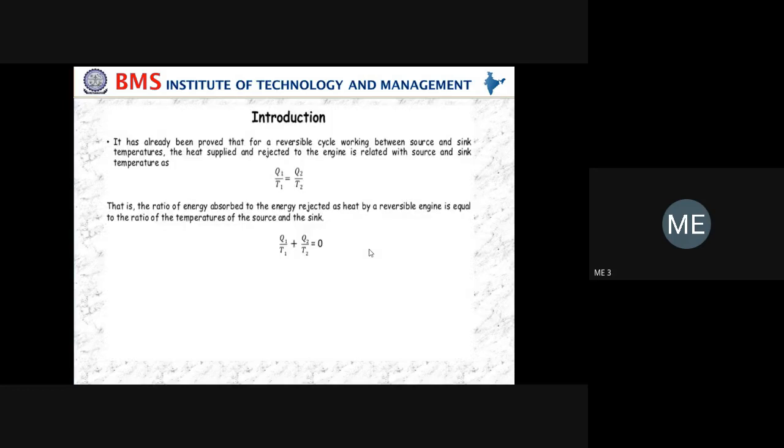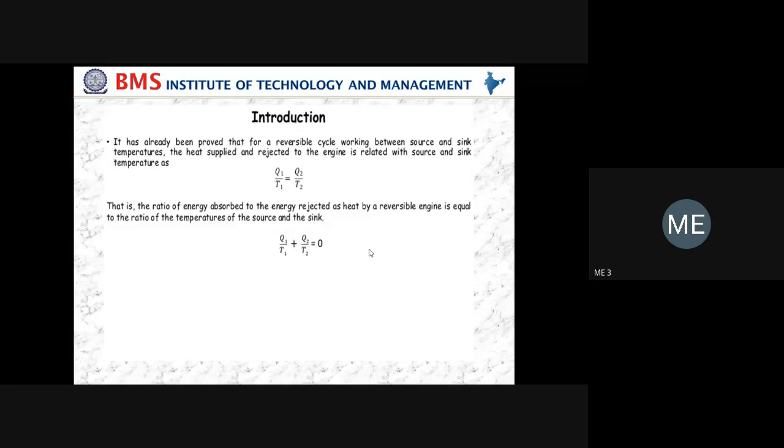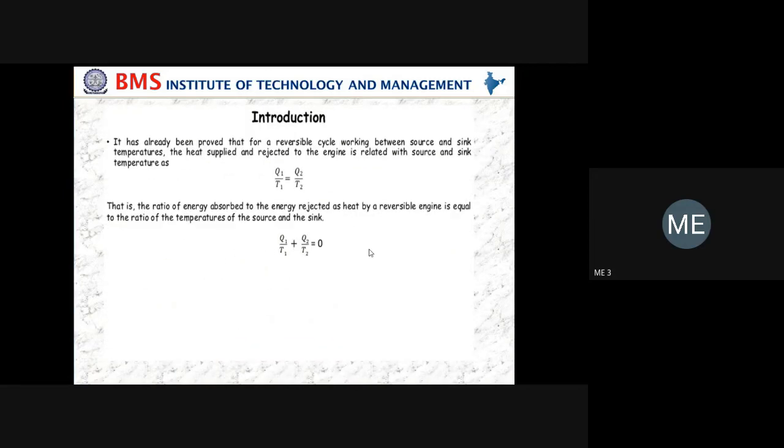Next, you see the theorem. It is proved that whenever a reversible engine works between a source and a sink, the heat supplied and the heat rejected are directly related to the source and sink temperatures. That is, the ratio Q1 by T1 equals Q2 by T2.